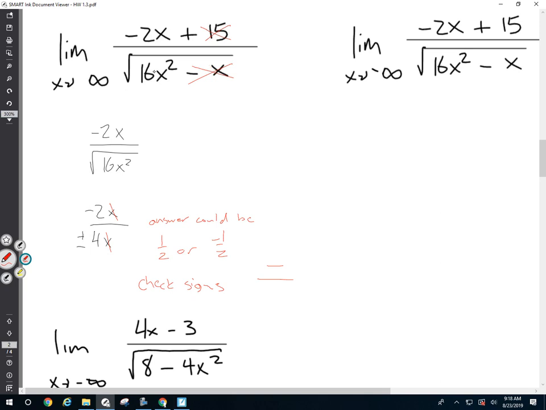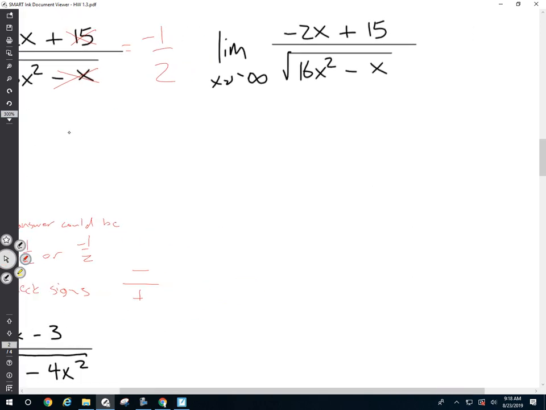The denominator, since I'm squaring the number, any number squared is positive, times 16 is positive. Square root of a positive remains a positive. That's very important to know, the square root of 16 is just 4, not plus or minus 4. The square root of x squared, that's the plus or minus. Okay, so this answer is actually the negative 1/2.